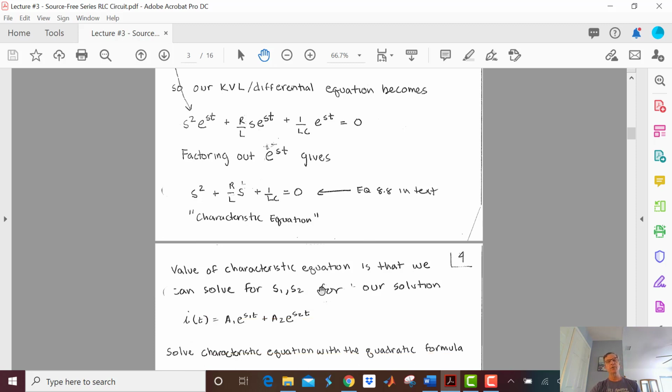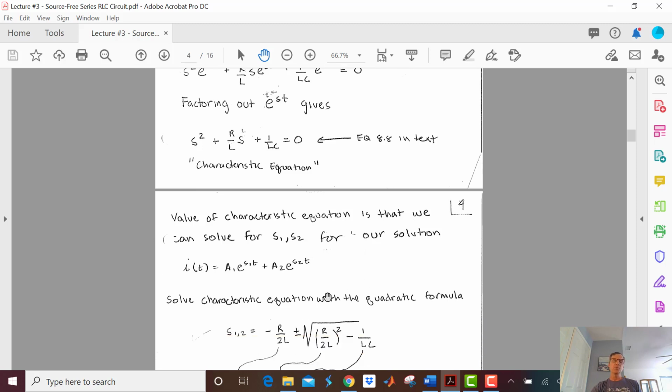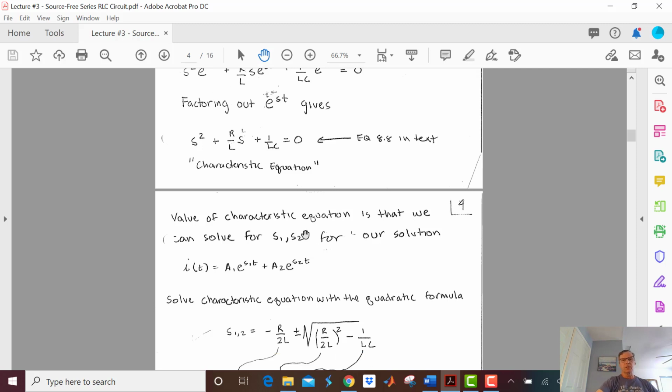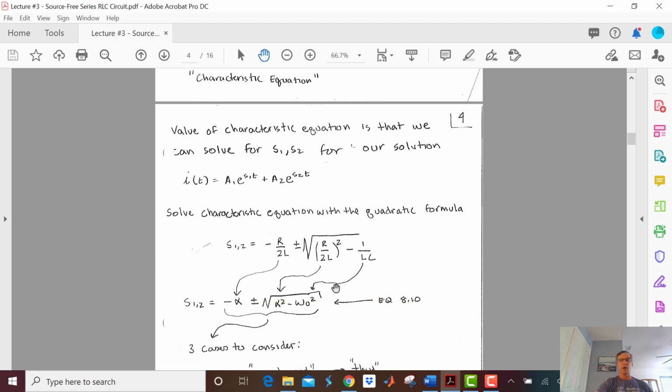The value of the characteristic equation is that we can solve for s1 and s2 for our solution. And once we get that, the solution is going to be i of t equals some constant a1 times e to the s1t plus a constant a2 times e to the s2t. So let's solve the characteristic equation with the quadratic formula.